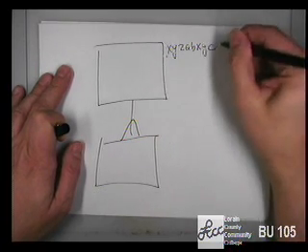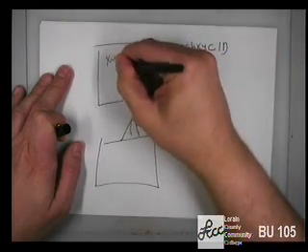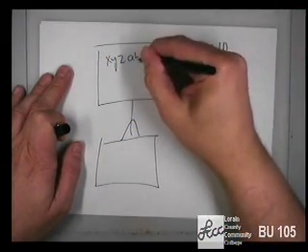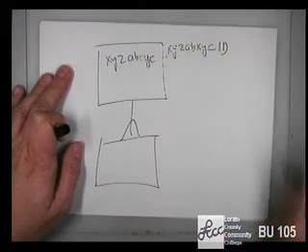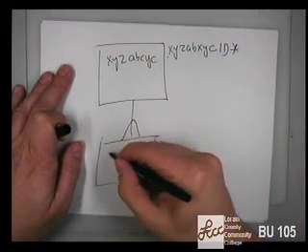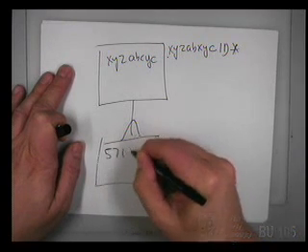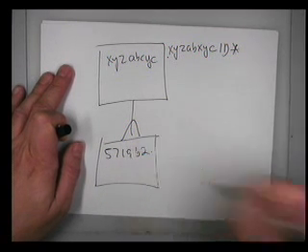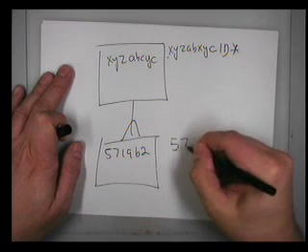Let's say this table is the XYZ ABCYC table, and its primary key is that. And this is the 5719B2 table, and its key is this.